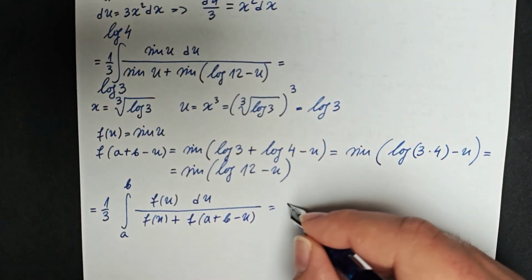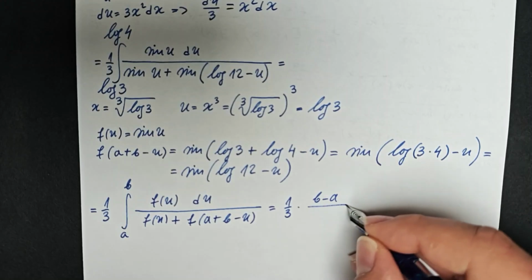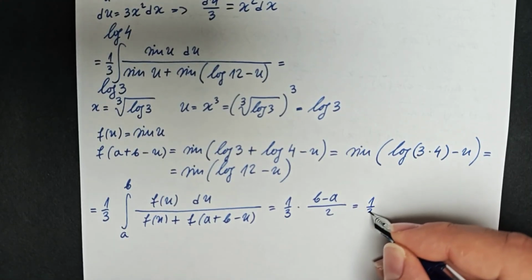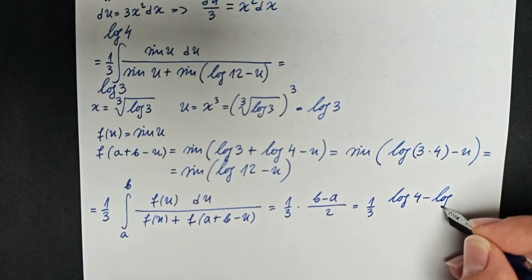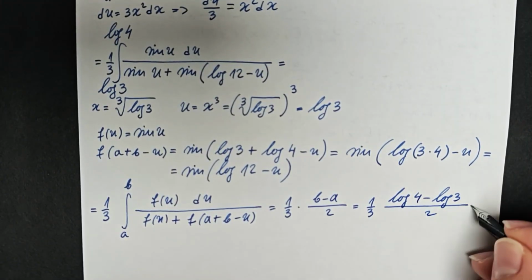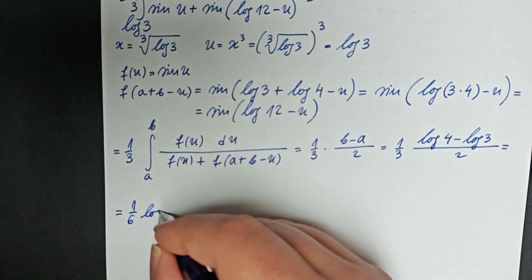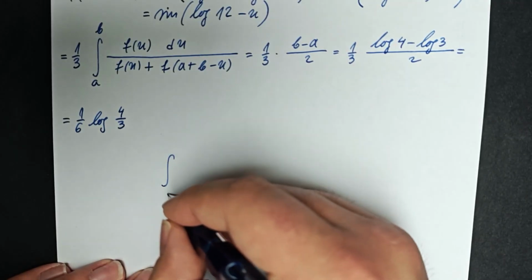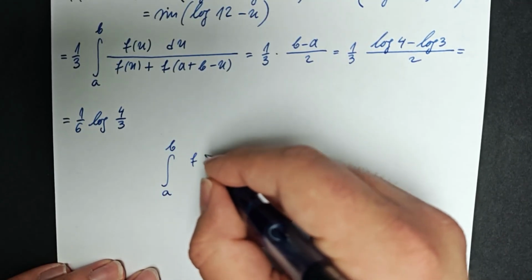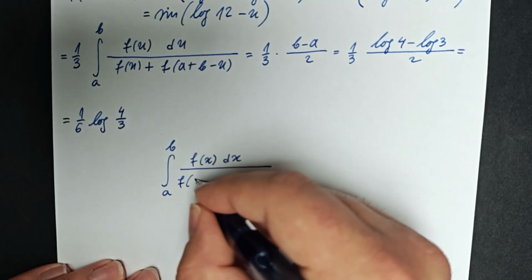This is now equal to 1/3 multiplied by (b - a) divided by 2, which is 1/3 of (log 4 minus log 3) divided by 2, which is equal to 1/6 of the log of 4 divided by 3. Again, you can see the power of this formula in the way it has helped us solve this incredibly complicated integral.